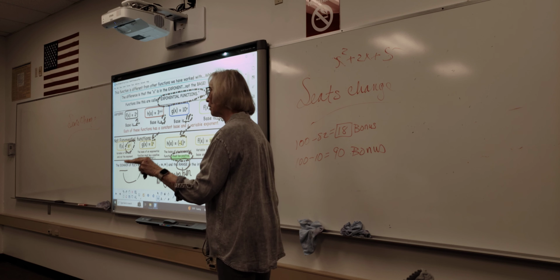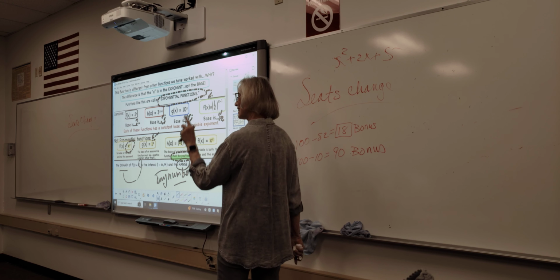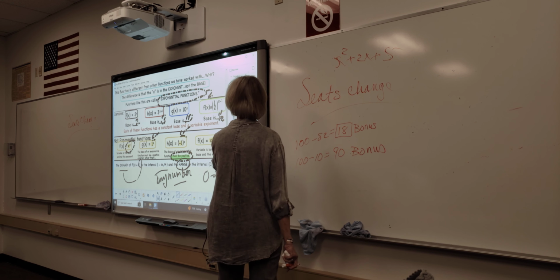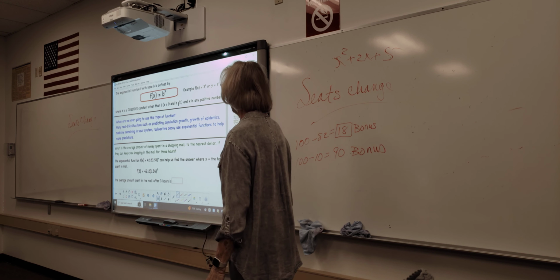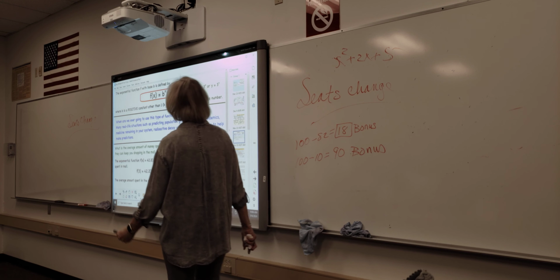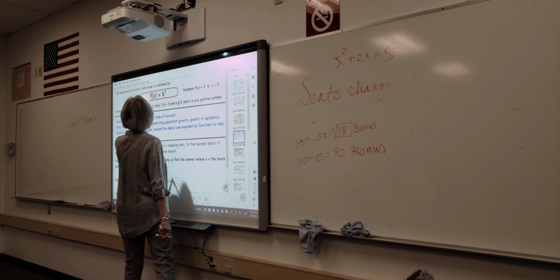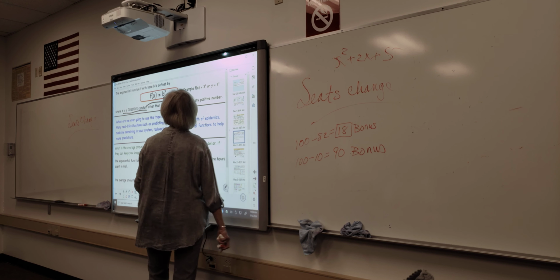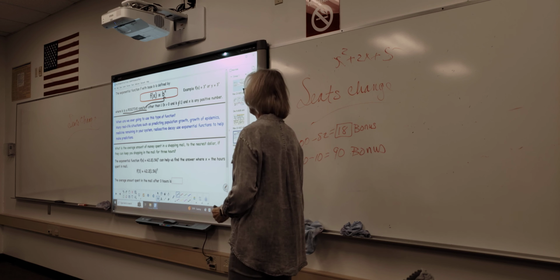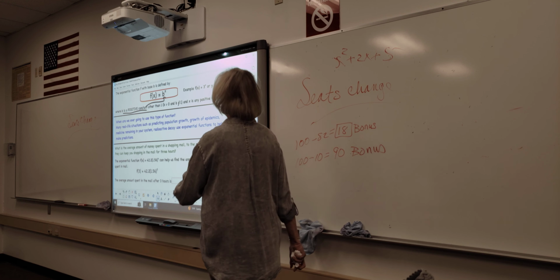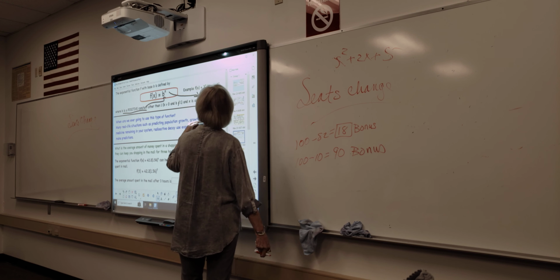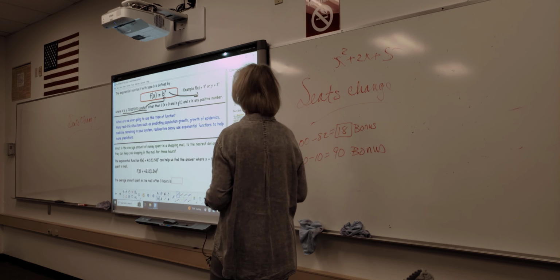Okay, are you understanding what an exponential function is? It's got a variable as a little guy, and the big guy has to be a number. B has to be a positive number. And x can be any number your little heart wants to.